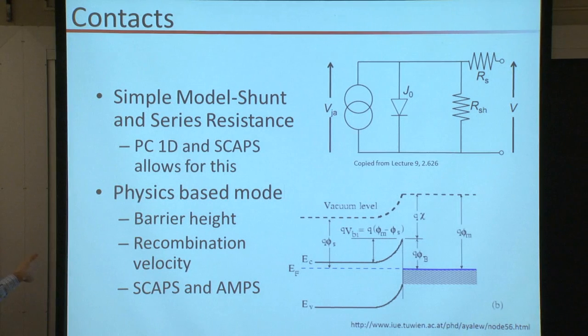So it's nice to be able to model the physics of your contacts by taking the barrier height of your metal and semiconductor and by looking at the recombination velocity. Both SCAPS and AMPS allow for that. At the same time, SCAPS also allows for modeling with your shunt resistance and series resistance. That's nice in that if you have those measurements, you can just use them instead of mucking around with the physics.